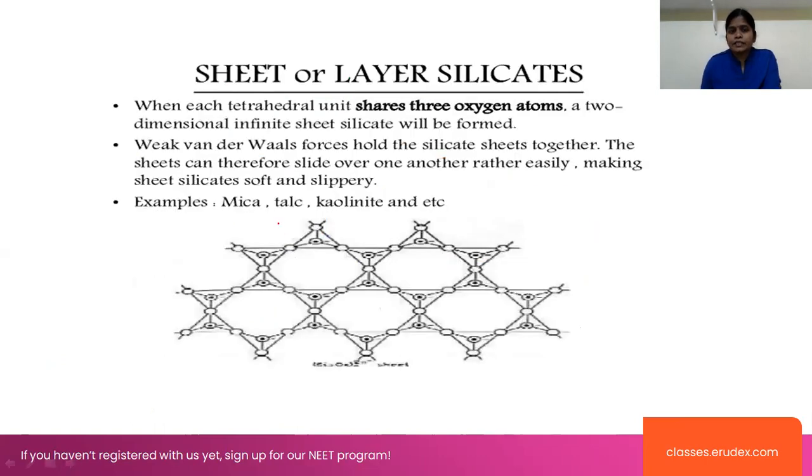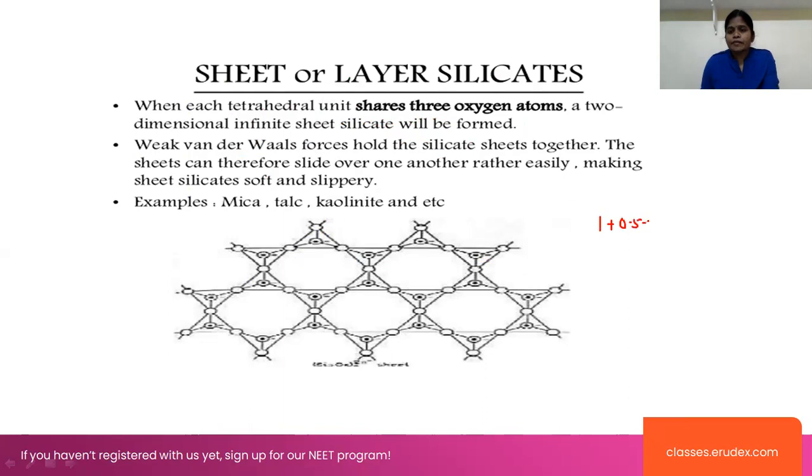Now look at sheet silicates, or layer silicates. When each tetrahedral unit shares 3 oxygen atoms, a 2-dimensional infinite sheet silicate will be formed here. Sheet silicates. So in this case, the oxygen atom contributing completely will be 1, and 3 oxygen atoms are sharing between the tetrahedral units.